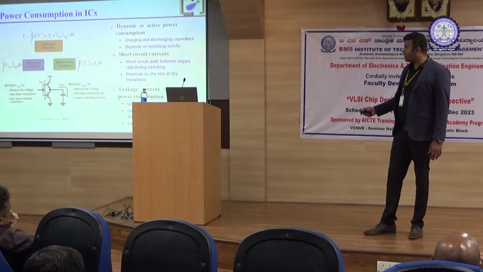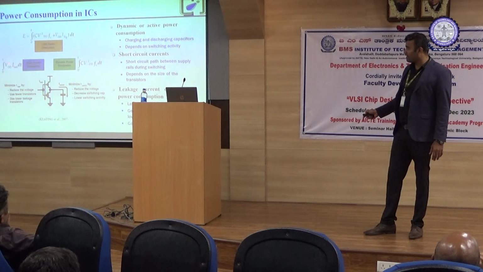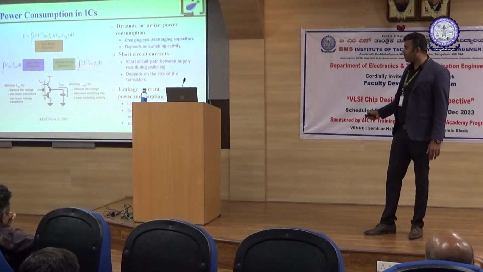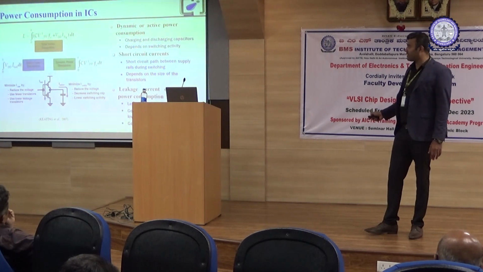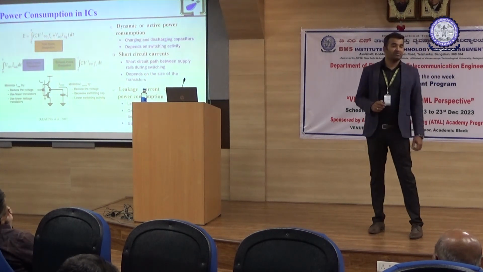So this is the formula for total power dissipation. This is the formula for static power dissipation, where I_leak stands for the leakage current. And here is the dynamic power, which is dependent upon VDD, the capacitance, and the clock frequency. All these three parameters affect the dynamic power consumption.